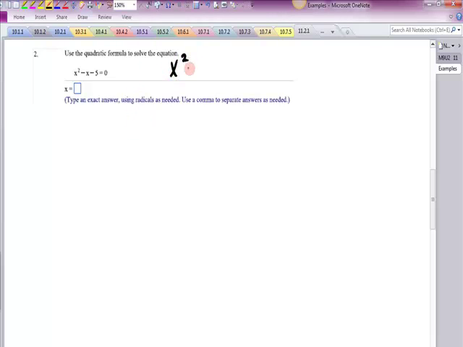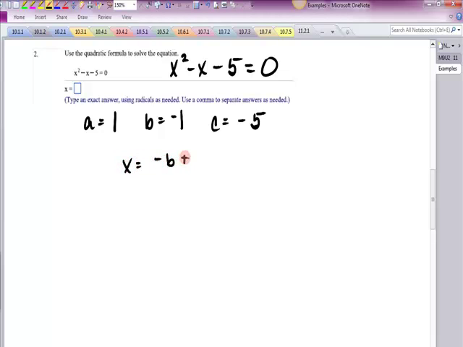All right, I have x squared minus x minus 5 equals 0. That's in the right format. A is 1. B is negative 1. C is negative 5. All right, the formula, this time x equals negative b plus or minus the square root of b squared minus 4 times a times c over 2a.